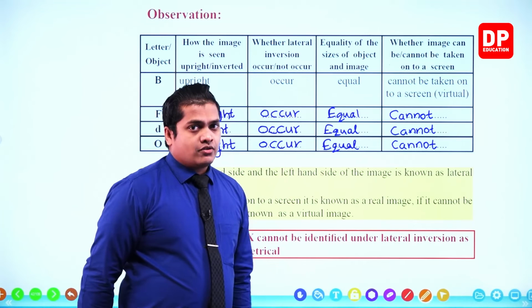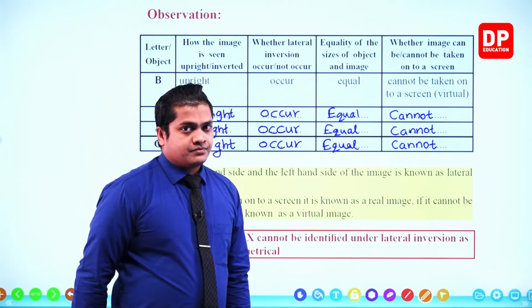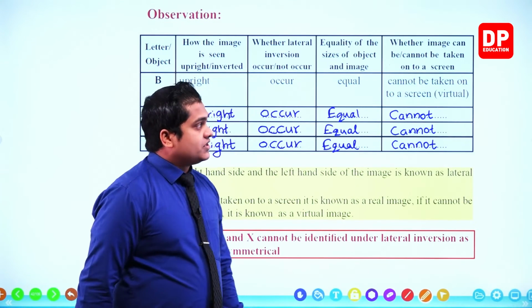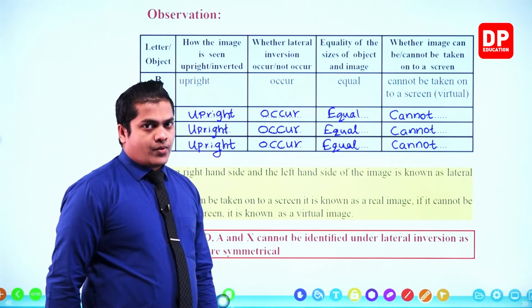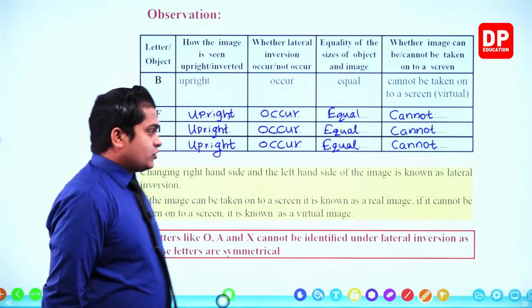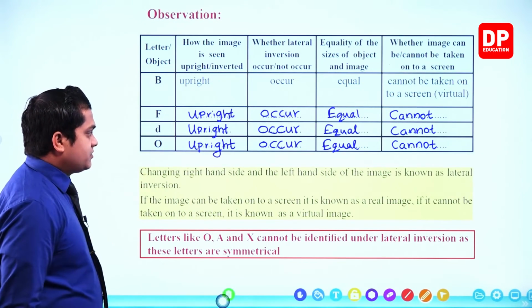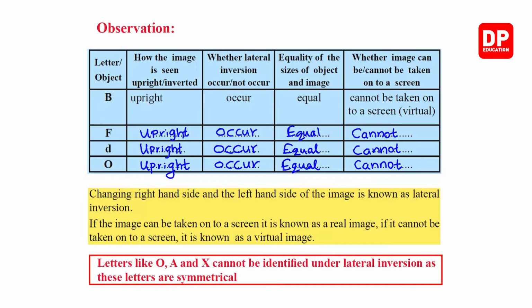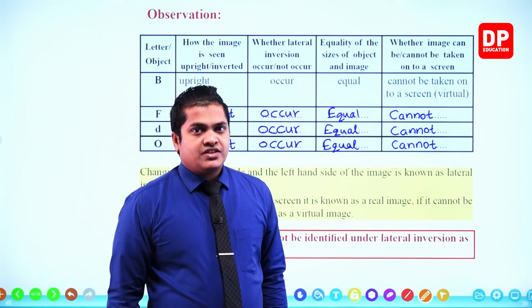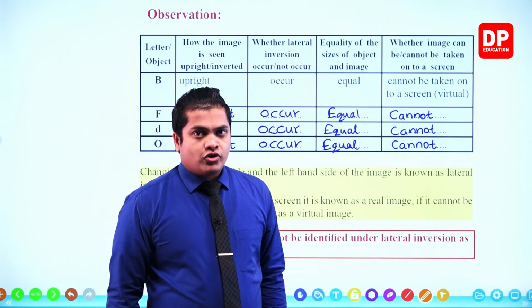All the images cannot be taken onto a separate screen. That means those images are virtual. So my dear children, here you are given special points. Let's see. Changing the right hand side and the left hand side of the image is known as the lateral inversion. Like I said, my dear children, switching of left and right sides is what is called lateral inversion.